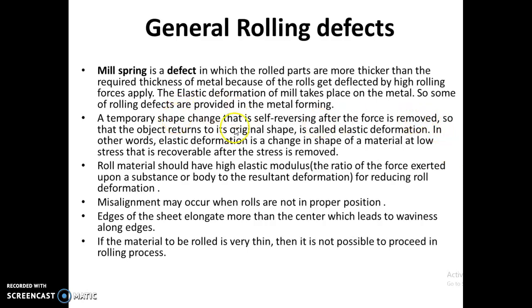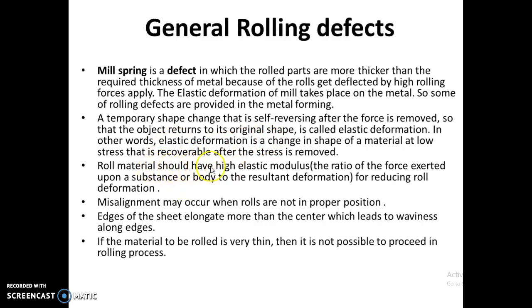The object returning to its original shape is called elastic deformation. In other words, elastic deformation is the change in shape of a material at low stress that is recoverable after the stress is removed. The original shape can be recovered after the stress is removed. That is called elastic deformation.